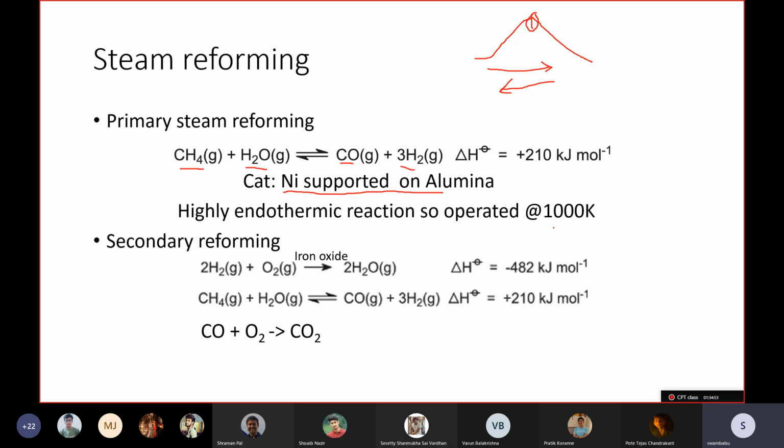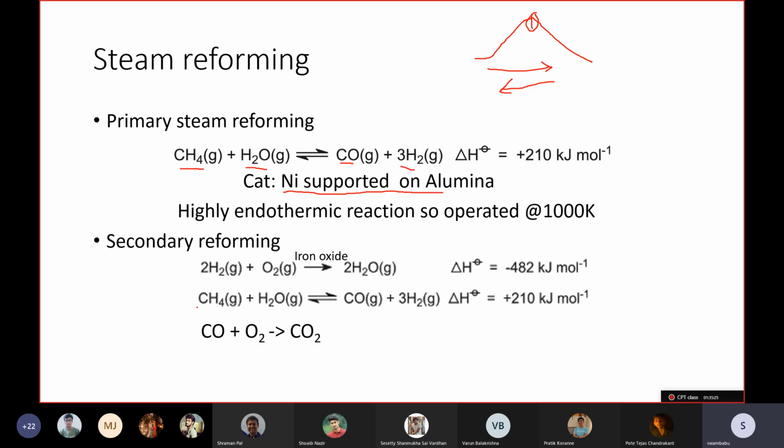In the secondary reforming section, an iron oxide catalyst is used, where this hydrogen can sometimes be formed.